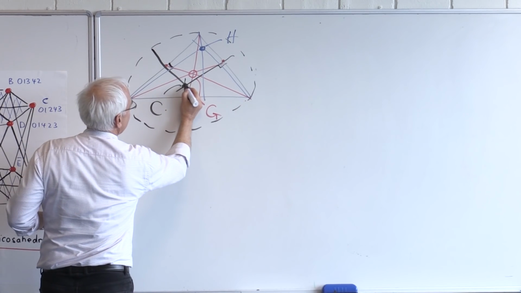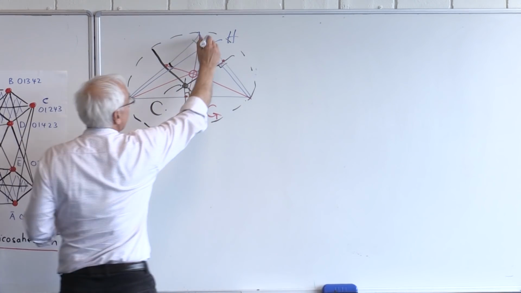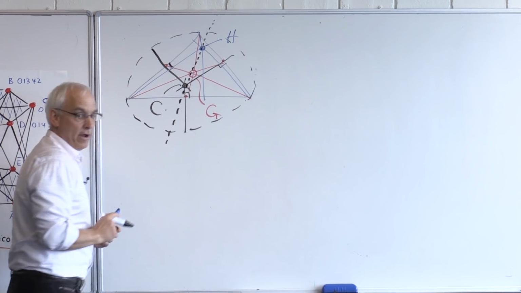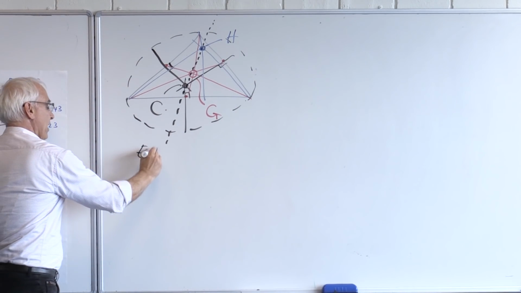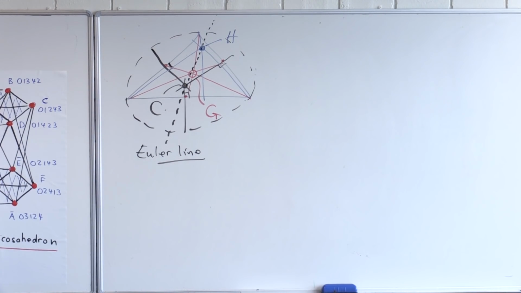Let's make them all big. Okay, and then the beautiful fact that was somehow remarkably left to Euler to discover was that these 3 points always lie on a line called the Euler line of the triangle. I guess the most famous line of triangle geometry.